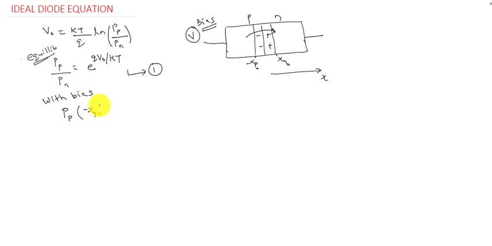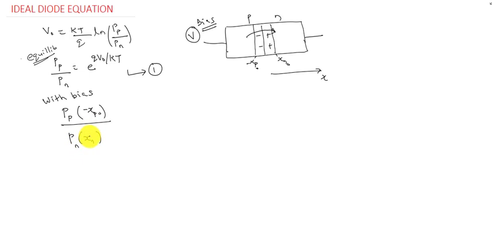So PP of minus XP means the majority carrier concentration on the P side with the bias condition, divided by PN of XN.